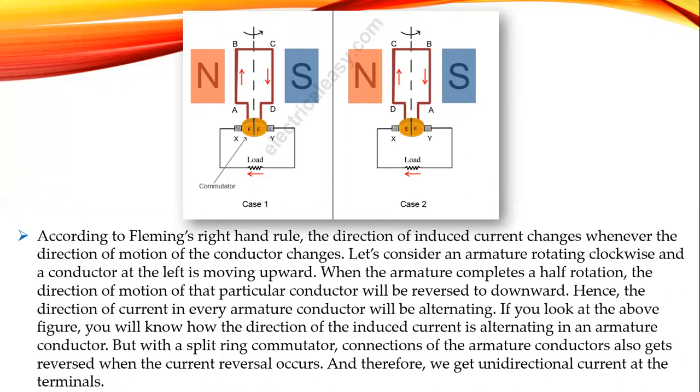When the armature completes a half rotation, the direction of motion of that particular conductor will be reversed to downward. Hence, the direction of current in every armature conductor will be alternating.